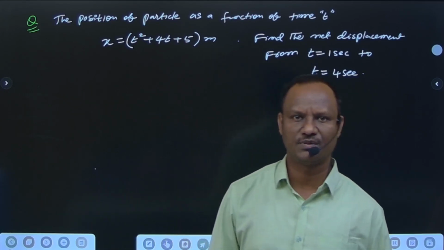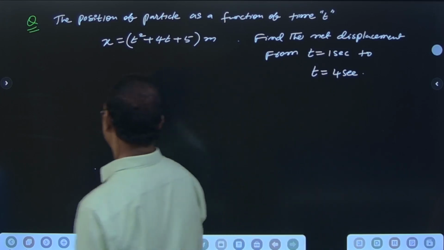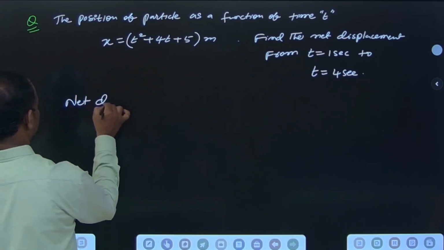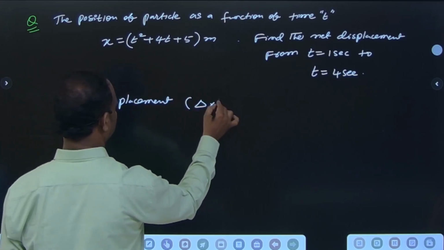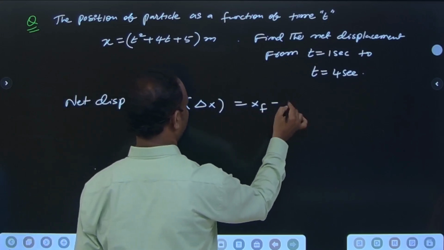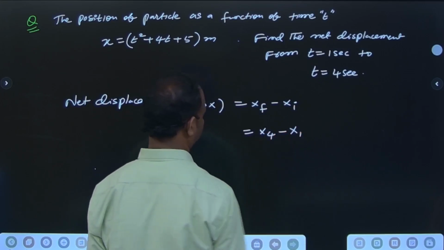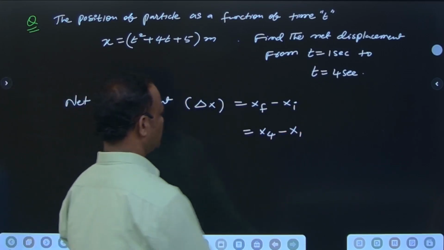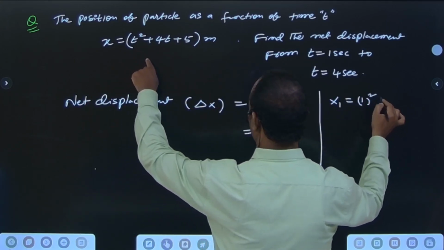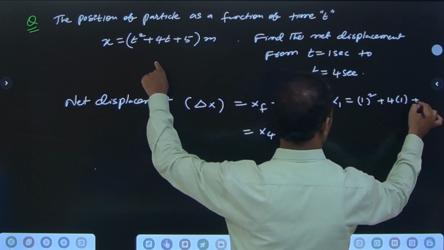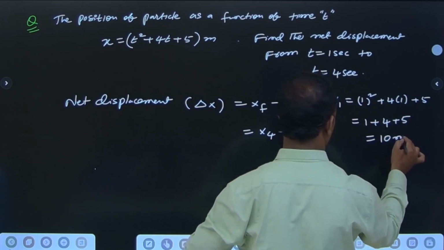Delta x is x final minus x initial, x2 minus x1. Net displacement Δx equals x4 minus x1. What is x1? x1 is 1 square plus 4 into 1 plus 5, which is 1 plus 4 plus 5, so 10 meters.